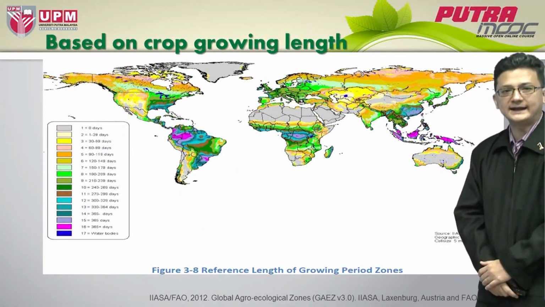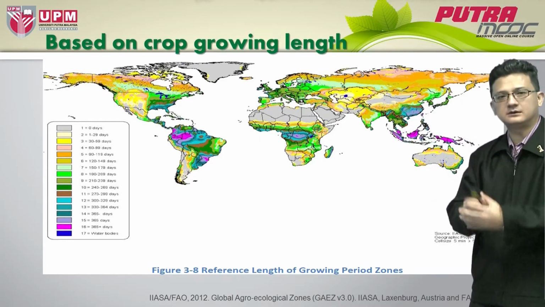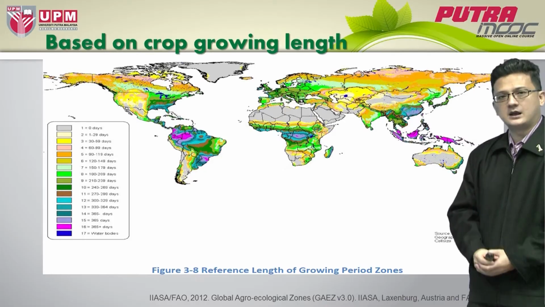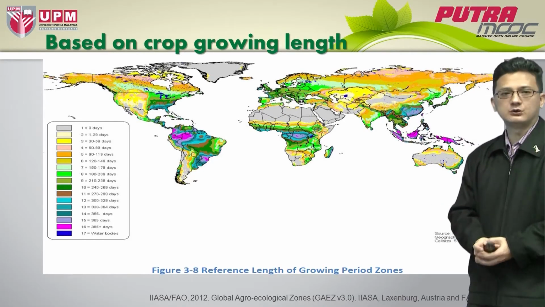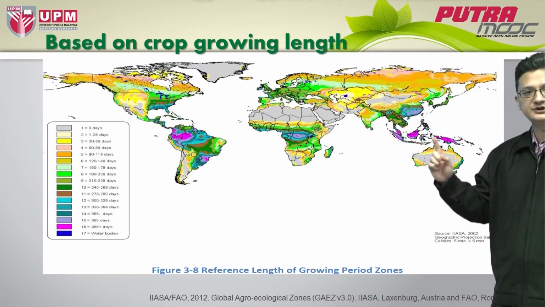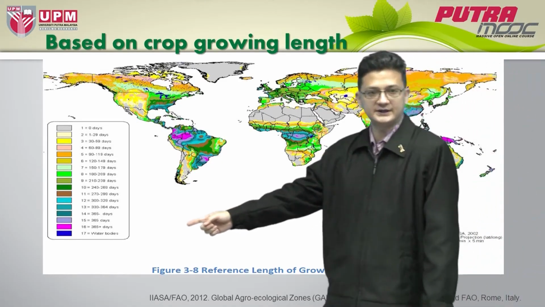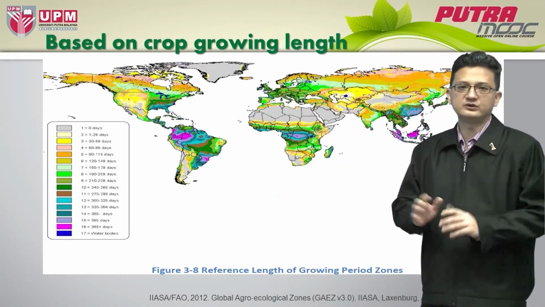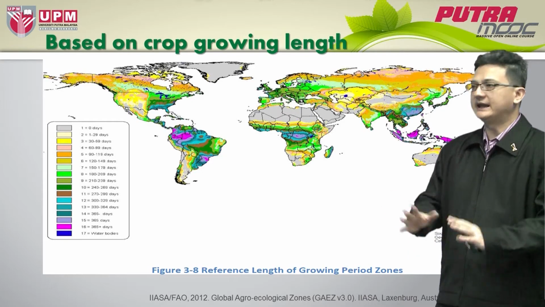This is the crop growing land. We divide the land area of the world into different zones which show how long we can grow a crop. Malaysia, because it's in the tropics, is purple, which means that, as you can see in the legend here, we can plant our crops all year round. Our crops have no difficulty growing anytime.